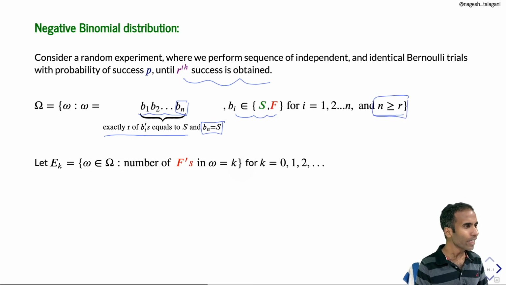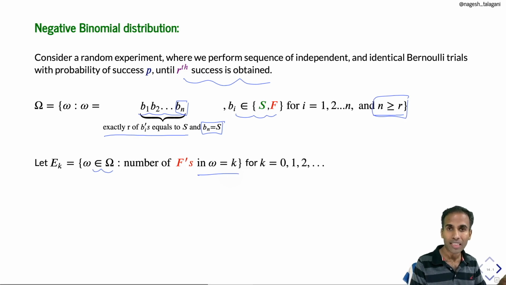Now let Ek be the event consisting of outcomes in the sample space having exactly k failures. We already know outcomes in the sample space have exactly r successes. Now outcomes in omega also have exactly k failures. So any outcome in Ek must have r successes and k failures, so must have length k plus r.